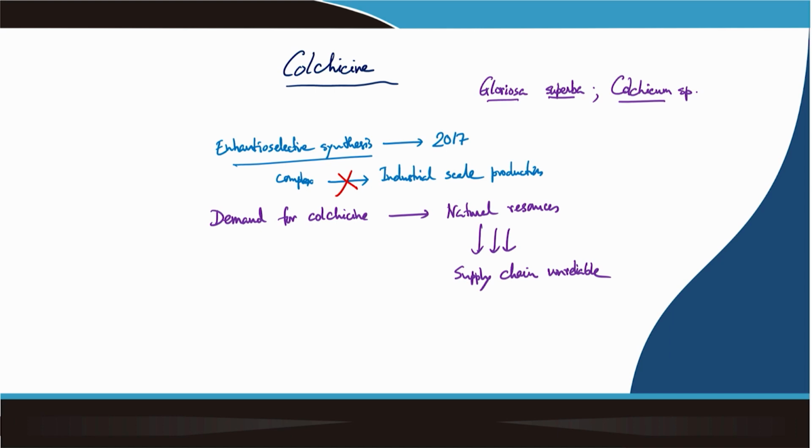So, now what is the status of biosynthesis? In order to study the biosynthesis, one needs to have an idea of a precursor molecule. Fortunately, for colchicine, such a molecule was indicated by organic chemists.